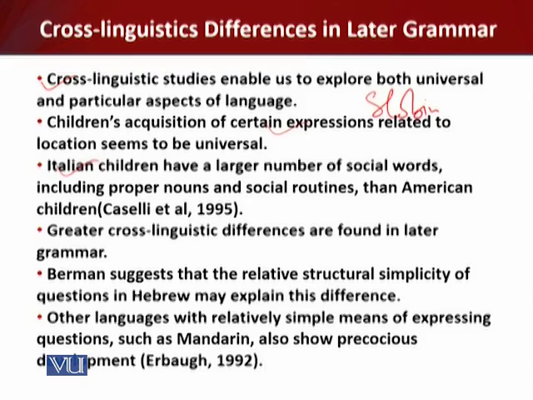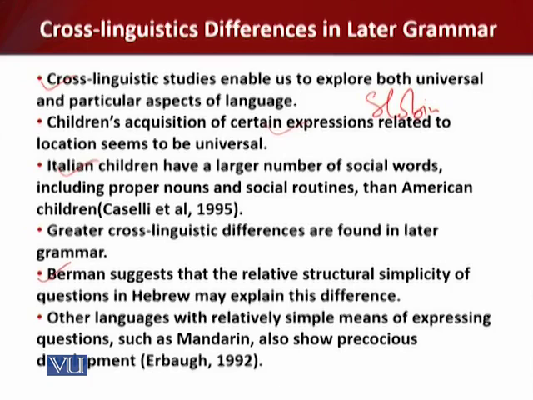Acquisition in Turkish is considerably slower. In contrast, 3-year-old children use relative clauses quite freely in their speech in Hebrew. Berman suggests that the relative structural simplicity of questions in Hebrew may explain this difference.